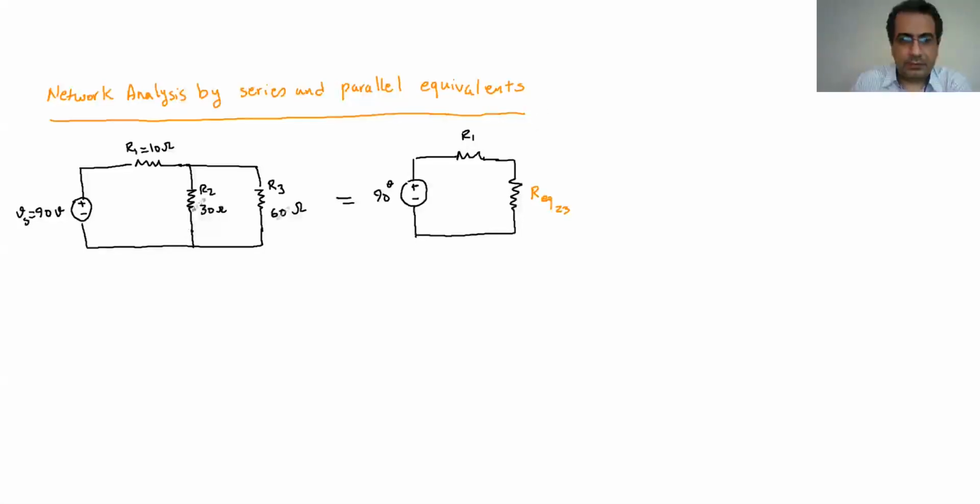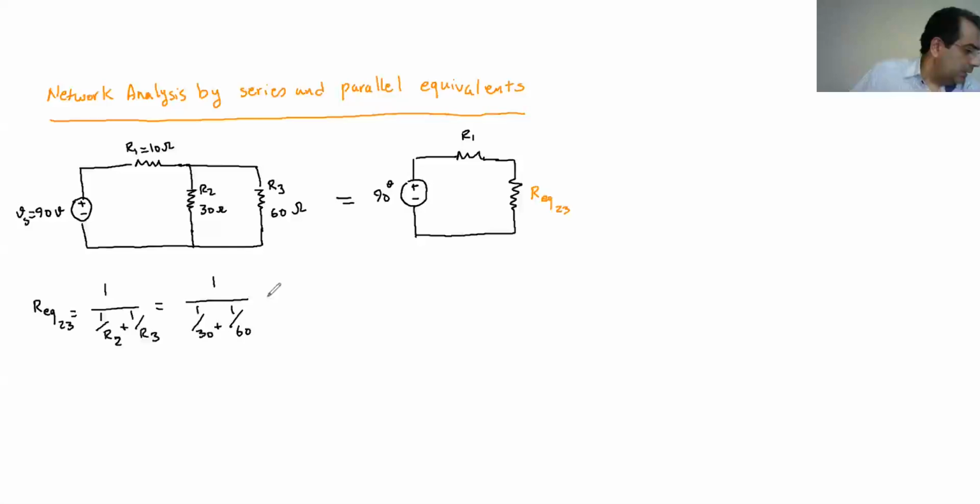Because these two are in parallel, I can say that R eq for 2, 3 is 1 over R2 plus 1 over R3, which gives me 1 over 30 plus 1 over 60, which, if I've done everything right, should come out at 20 ohm. So this one is going to be 20.